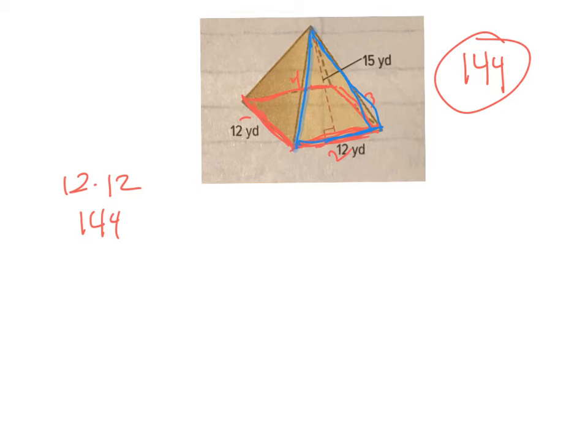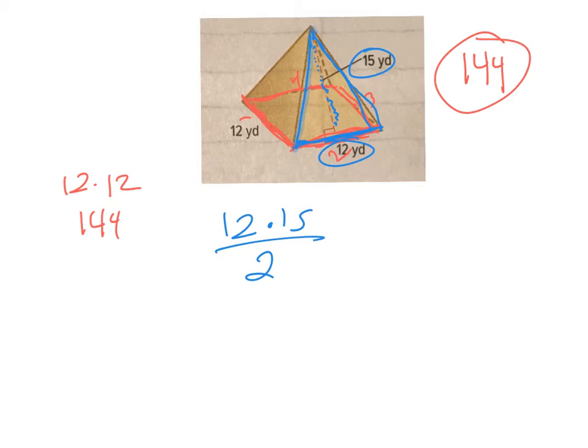So area of the triangle is the base times the height divided by 2. So it's 12 times 15 divided by 2. And let's do that. Get my little handy dandy calculator out here.